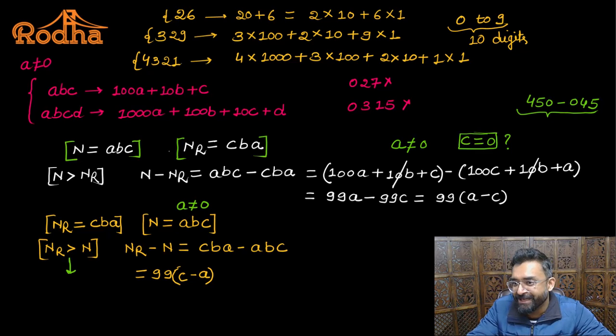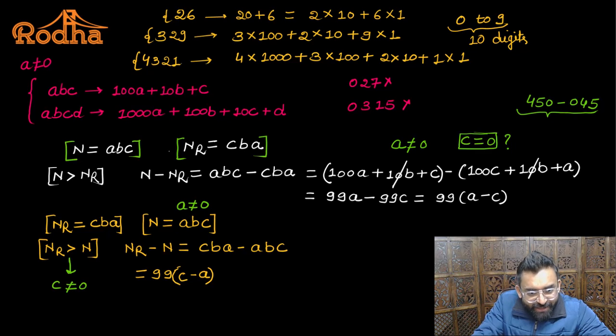It cannot be the case like this, because the new number is bigger than the old number. So obviously C also cannot be 0, because if C is 0, I'll be getting minus A, which is practically not possible. You can refer to the equation also. You can identify with the help of normal logic that if the number is increasing, C cannot be 0. Okay. So this is something I need to understand while I'm solving the question.